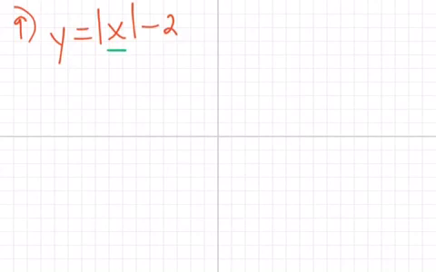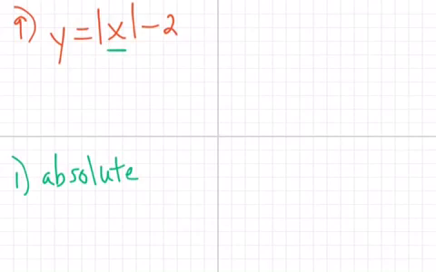But the first thing it says to do is give the name of the parent function. Well, that would be an absolute value function. And as we've already learned, absolute values always have the shape of a V.